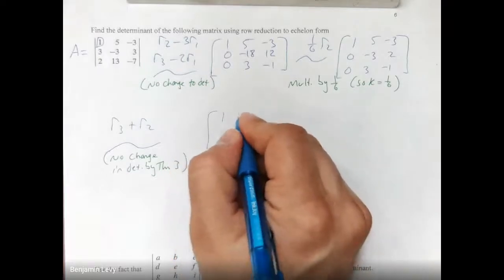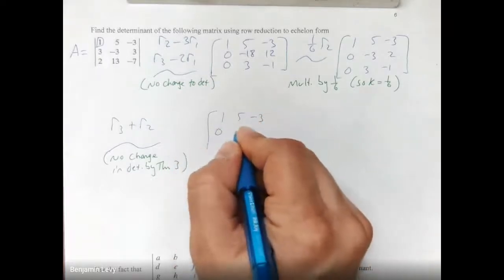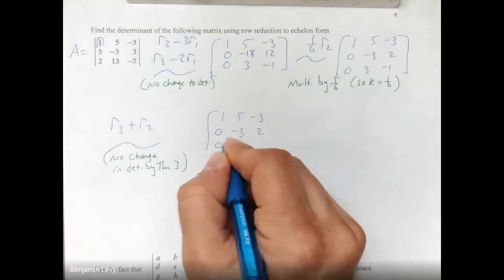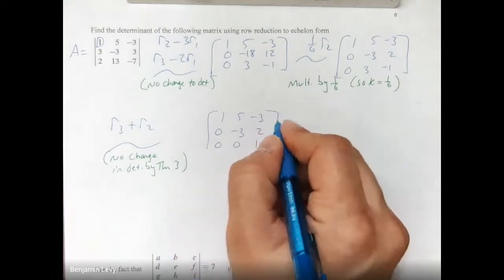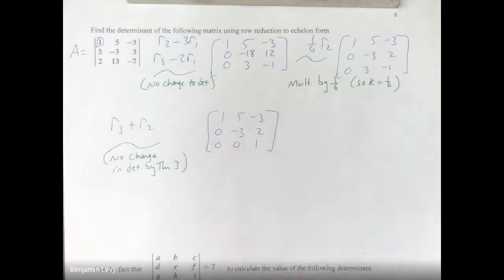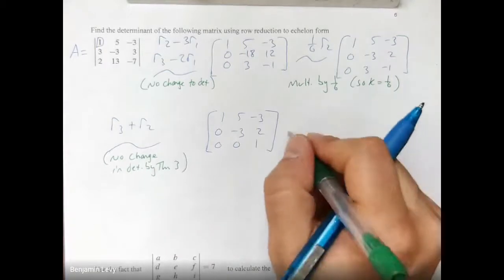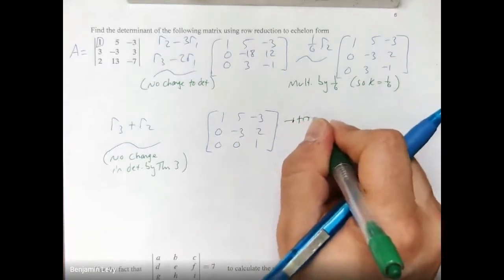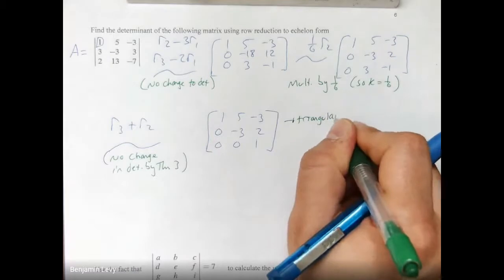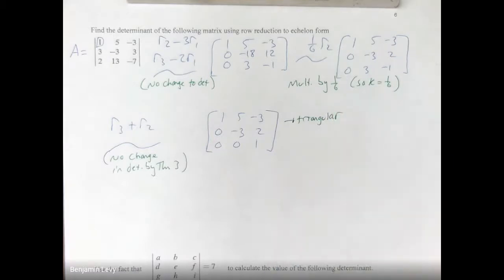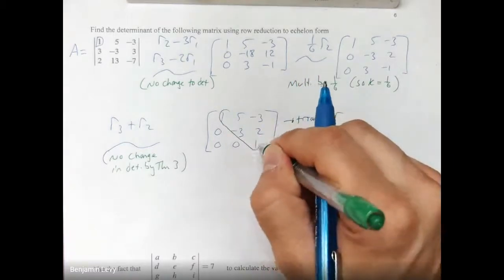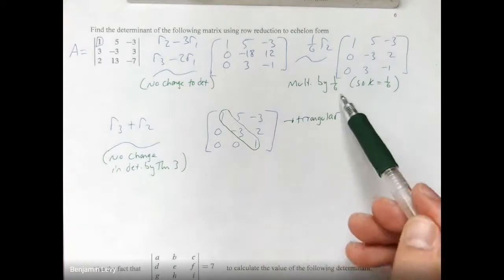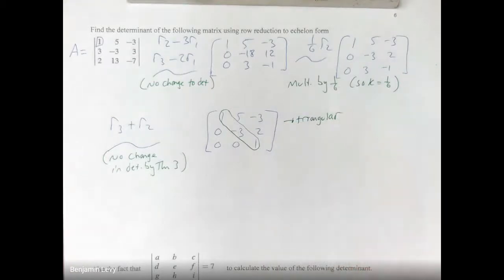But we end up with an upper triangular matrix. So we'll have 1, 5, minus 3, 0, minus 3, 2, 0, 0, 1. And this is now triangular. And so we can multiply the diagonal entries to get the determinant. But we need to keep track of this thing where we multiplied by 1/6.